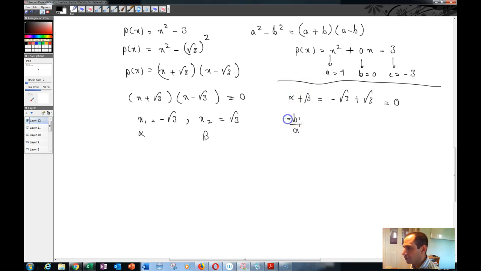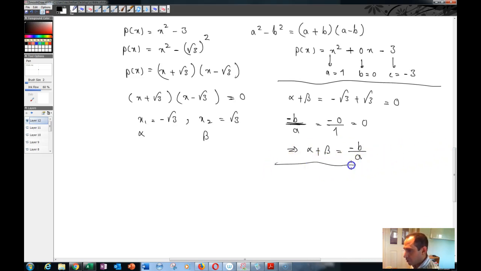It doesn't make any difference really, but it's negative b by a. So negative b by a is equal to negative b, which is 0, over a, which is 1. That's equal to 0. So you can see that alpha plus beta is still equal to negative b by a.